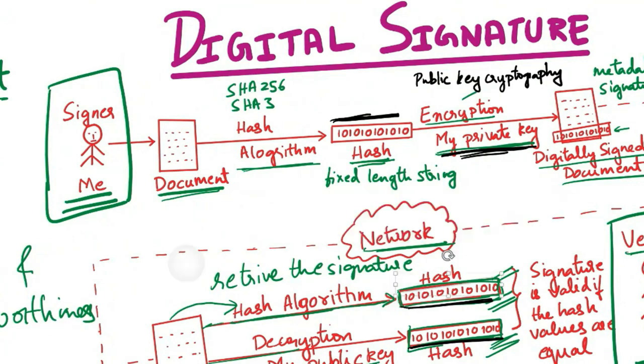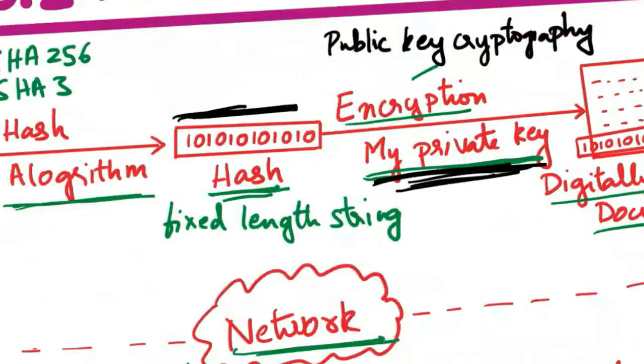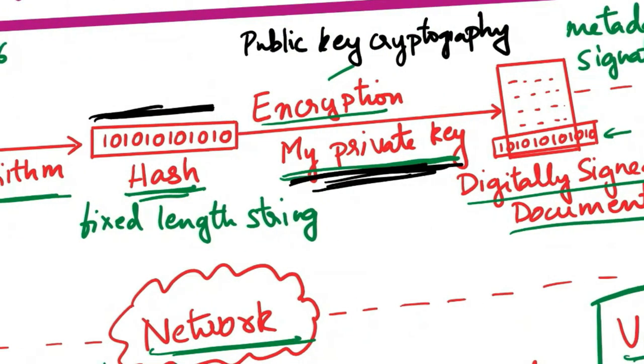Since only the signer possesses the private key, that is, I possess my private key needed to create the digital signature, they cannot deny their responsibility for the signed document. This property is essentially important in contracts, legal agreements, and financial transactions.